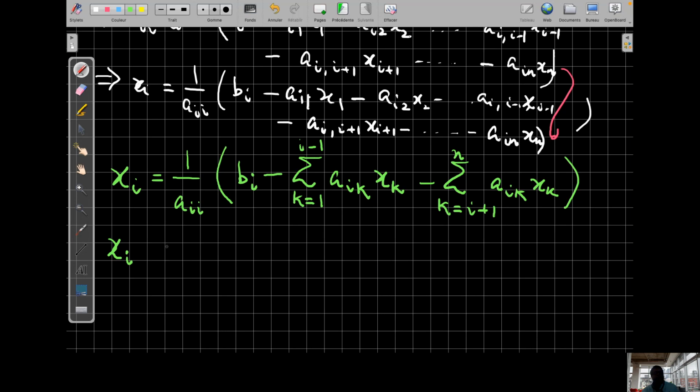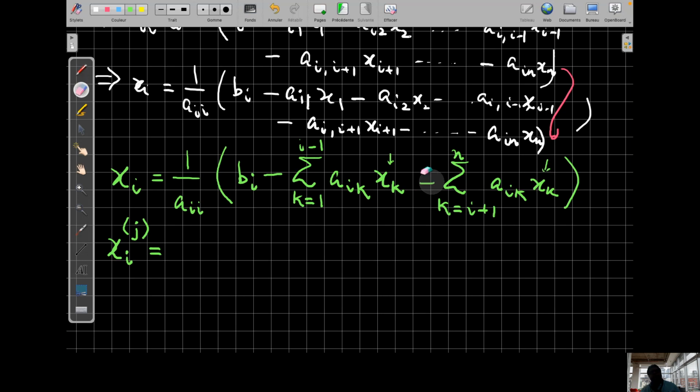If I am numbering the iterations with j, then xij is written like this. The older values are written on this part. These will be the current values, and this will be the older values.